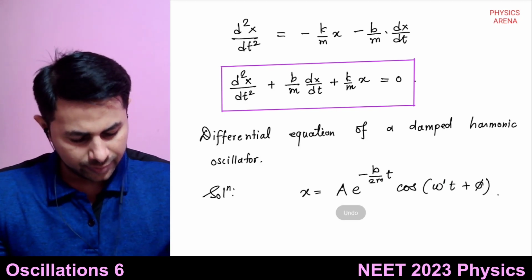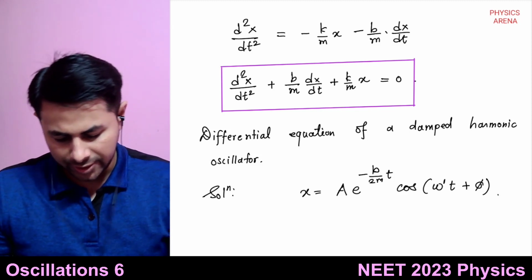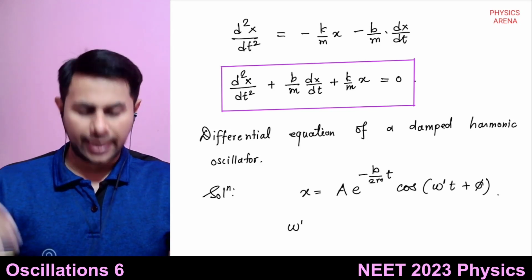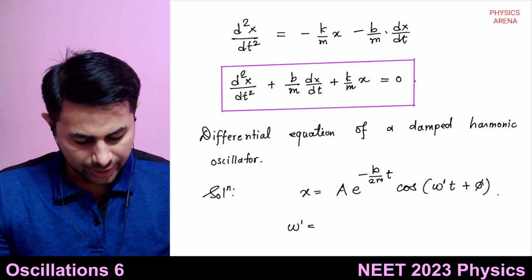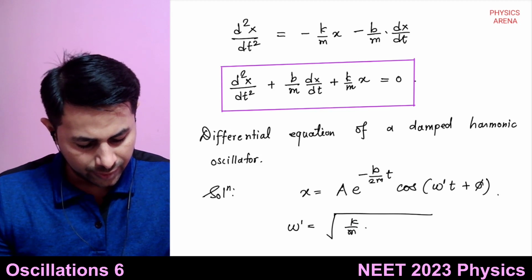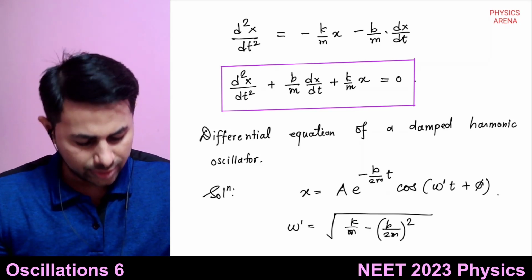So we get this solution. And what is this omega dash? Omega dash is the resultant angular frequency of oscillations, and it is equal to square root of k upon m minus b upon 2m square.